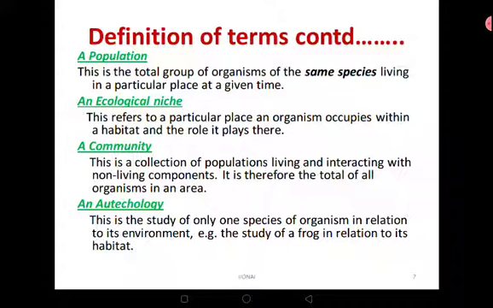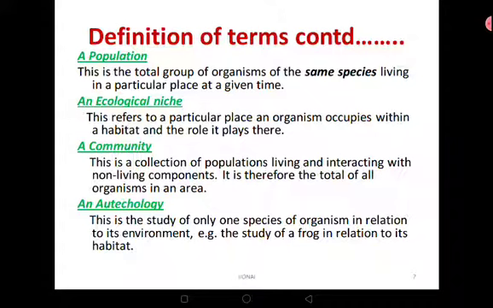For example, rats live in the bush, but they also burrow in the bush. That is the role they play. So an organism, together with all its activities, is what we shall call the niche.